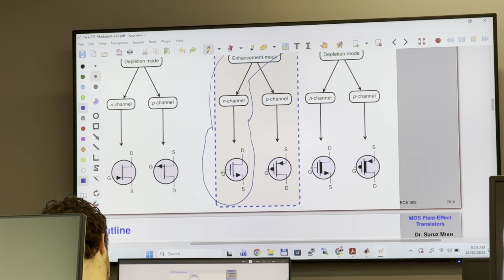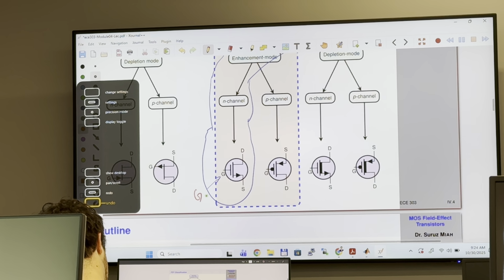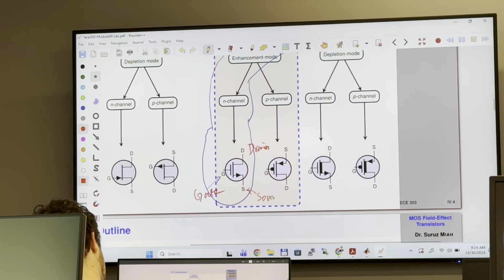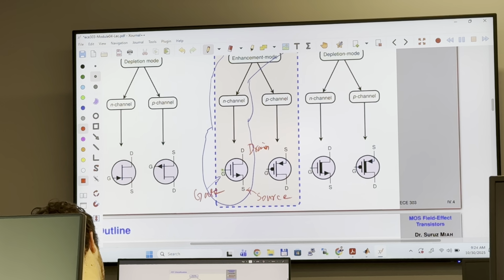One leg is called gate, the other terminal is called drain. So this is gate, this is drain, this is source. So you apply gate voltage to control the current flowing from drain to source.